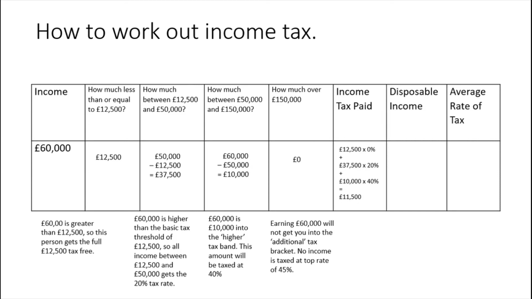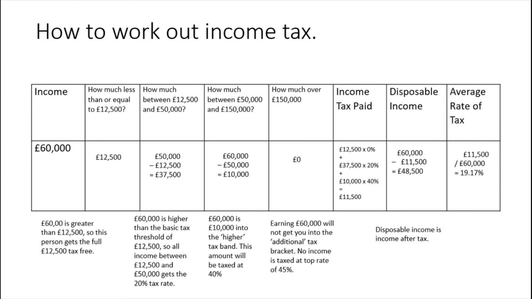And then the last £10,000 above the £50,000 cutoff is going to be taxed at 40%. Add that all together, and you'll find that this person has a total tax bill of £11,500. To work out disposable income, you just take the income, take away the tax, and whatever's left over is the disposable income, income after tax. In this case, £48,500.